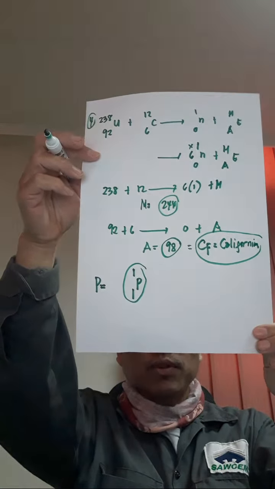So we have the protons. Protons is equal to 1, like this. This is for proton. Neutron 1, 0, and this one.